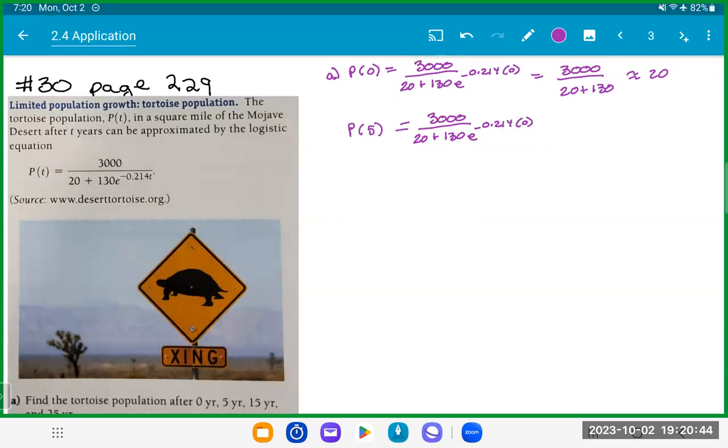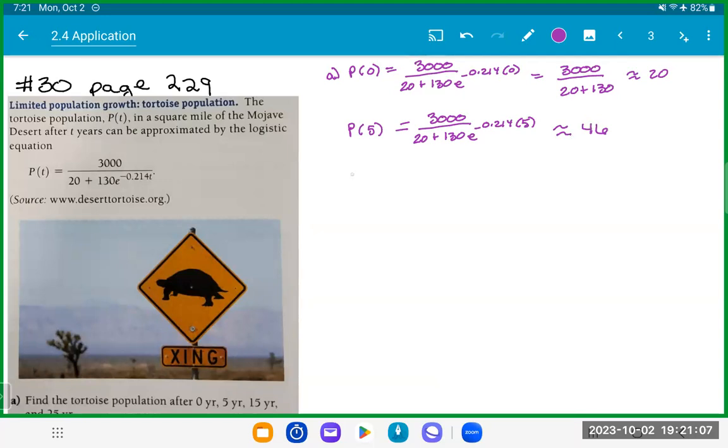So it's still 3,000 divided by 20 plus 130 times e raised to the negative 0.214 times 5 this time. That's going to give us approximately 46 tortoises after 5 years.